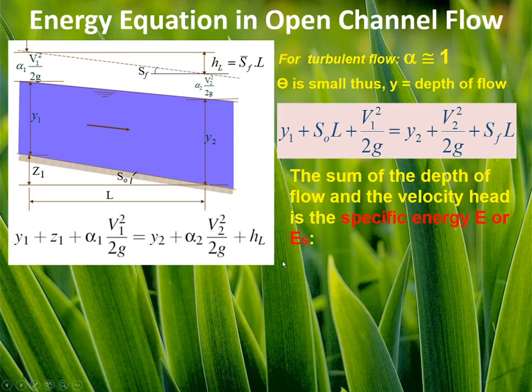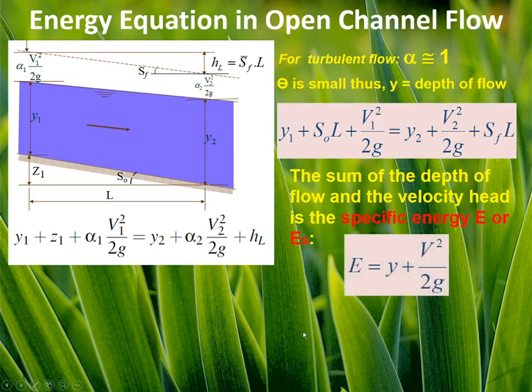In fact, the specific energy is the total head above the channel bed. Why? If you consider point 1, the sum of y1 plus this value is the total head above the channel bed. And for here, y2 plus alpha v2 square over 2g is the total head above the bed at that point. So this is called specific energy.